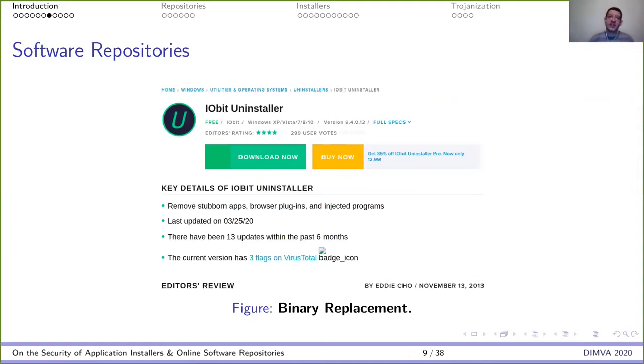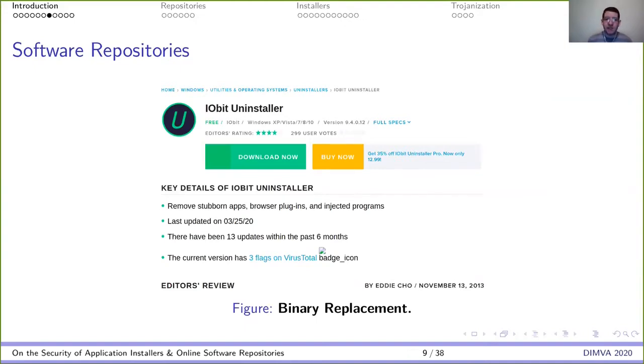But even worse, in addition to adding new software entries to the repositories, the binaries distributed for a given application may change over time. In this example, this same entry in the repository had its binary changed in March, as you can see here. So from March, the new binary started being distributed.